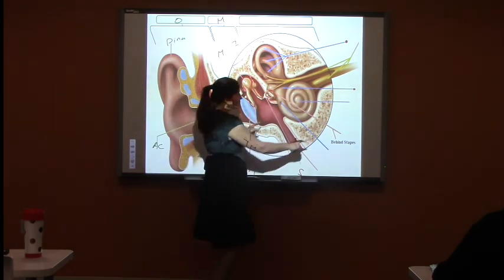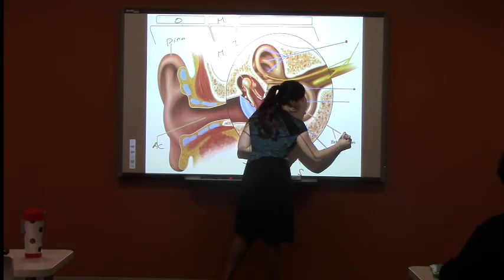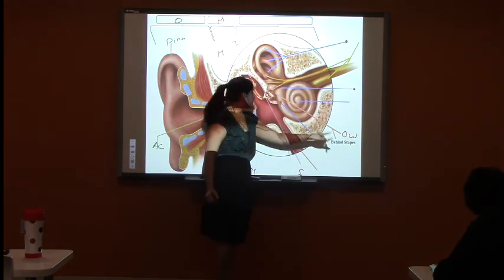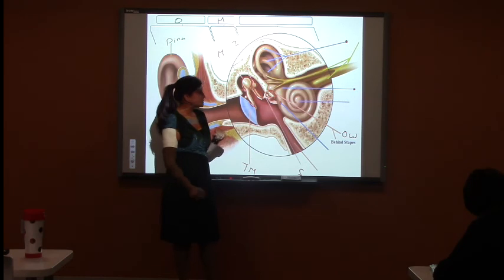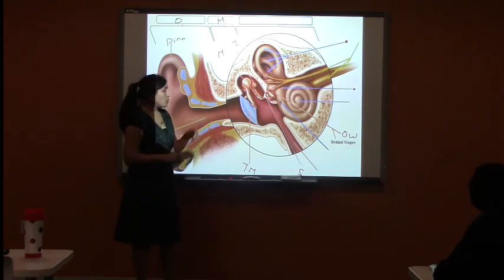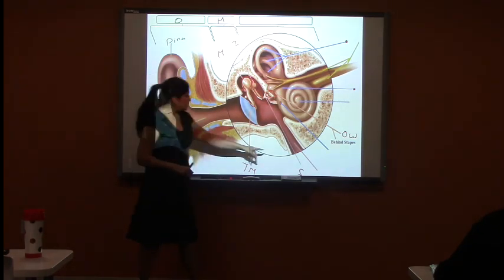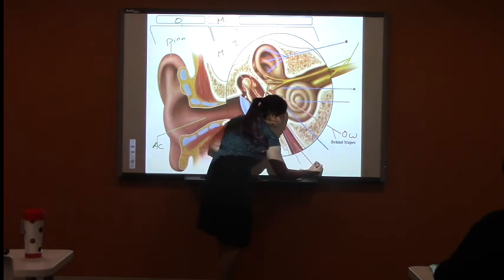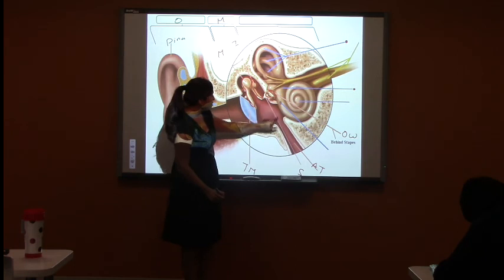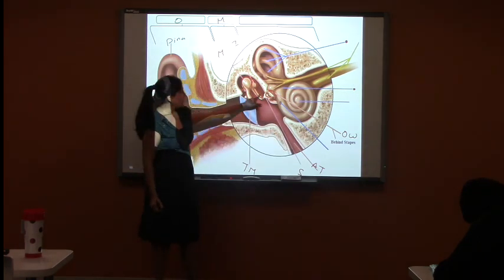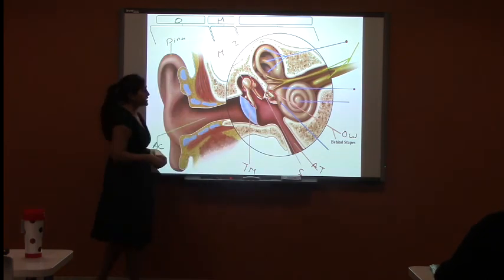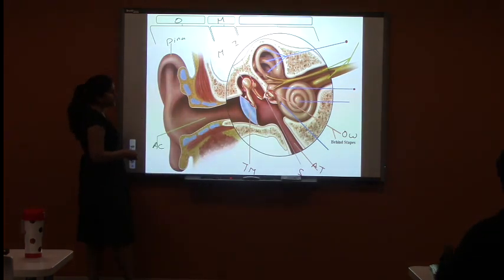Now, this is the oval window, which you can't see because it's behind the stapes. And the last structure of the middle ear is the auditory tube. As you can see, it connects the throat and the middle ear. When this tube opens and closes, it equalizes the air pressure with the atmosphere.